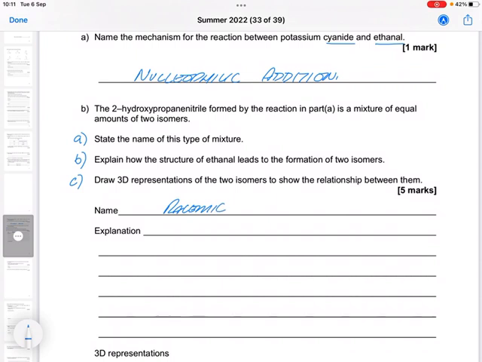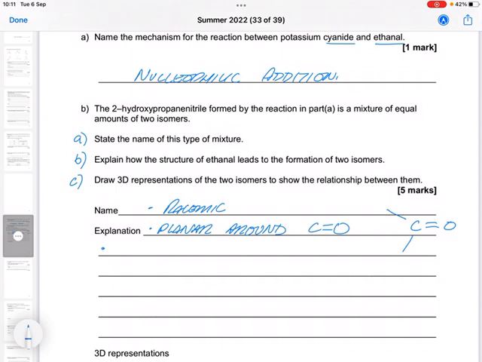Okay, the explanation, so it is planar around the carbonyl in the molecule, and I'll just draw that over here. So it is flat, basically. Okay, so these are the marking points here.